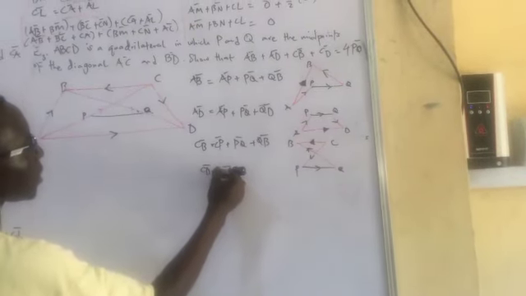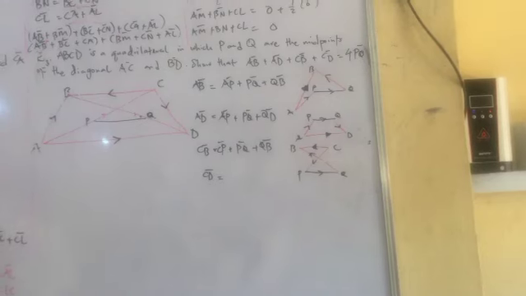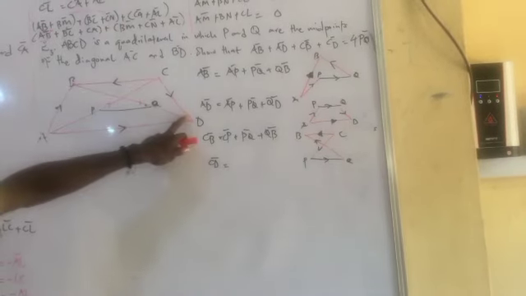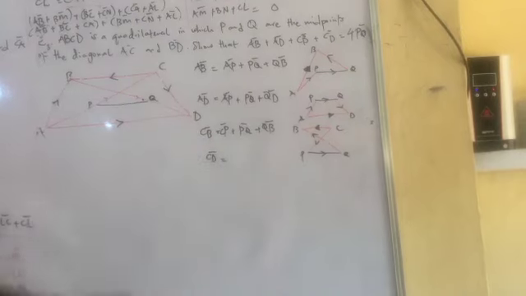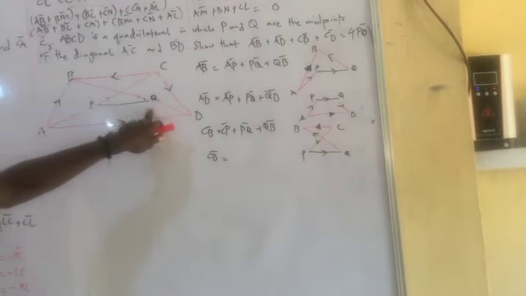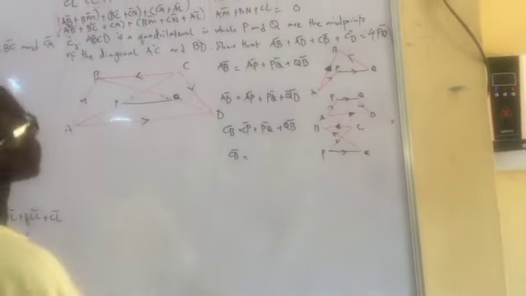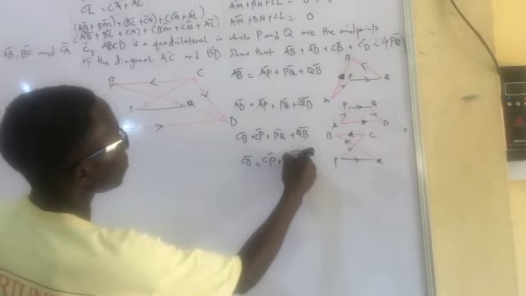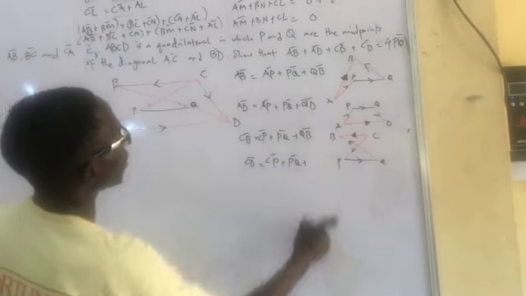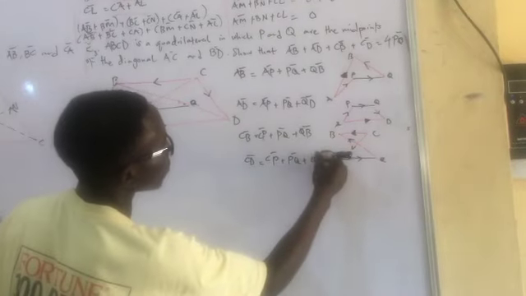How do we go about CD? Let's check that out. This is our CD, right? So you can go through here, come here, and come down here. So we have CP plus PQ plus QD.